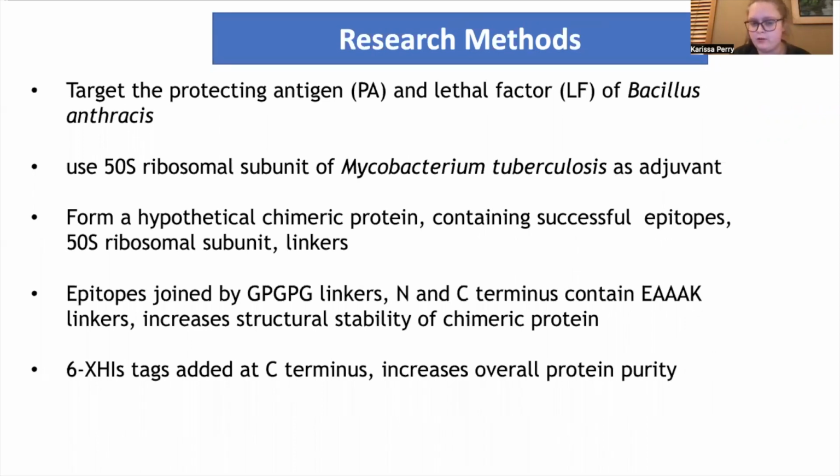And these epitopes are joined together in the protein by GPGPG linkers. The N and C terminus also contain EAAAK linkers, which increase structural stability. And the hypothetical protein also contains 6xHis tags at the C terminus, which increase overall protein purity.